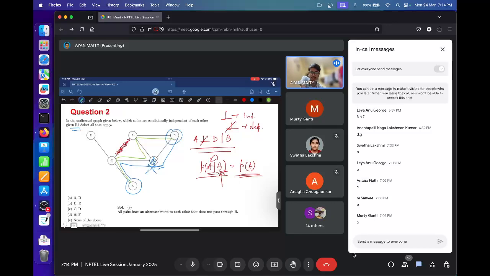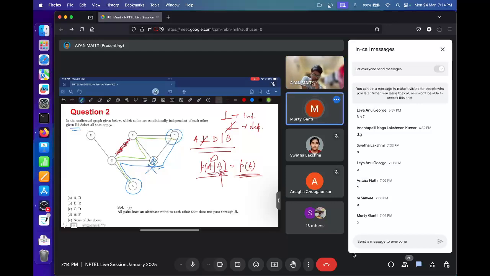Both the paths go through B, so B would block both the paths, and A and D are not connected. So A is independent of D given B.